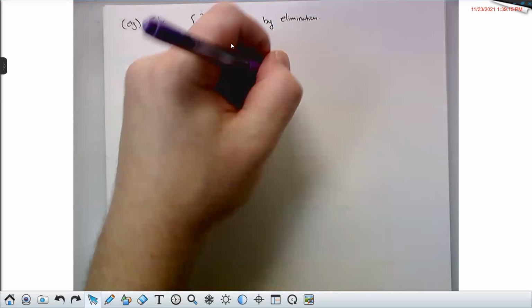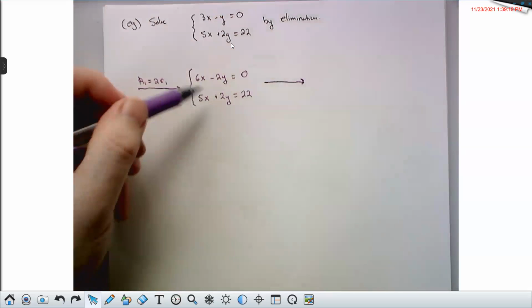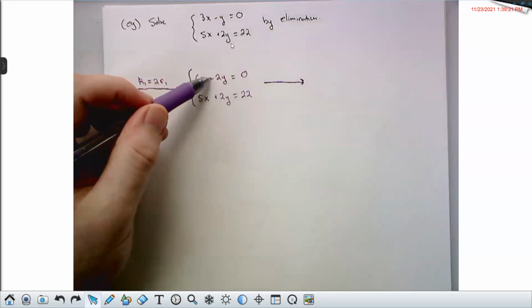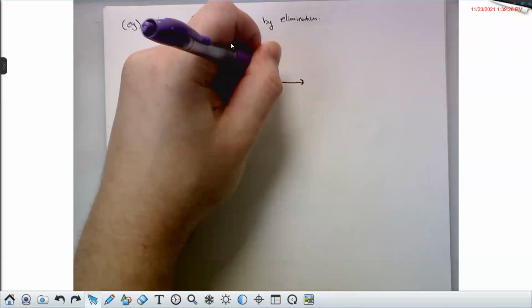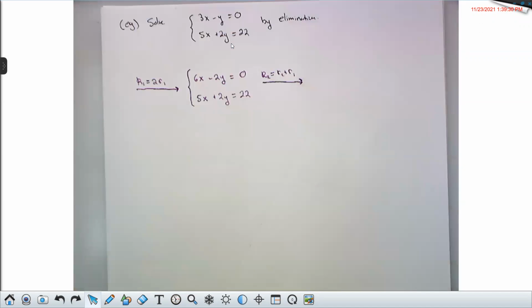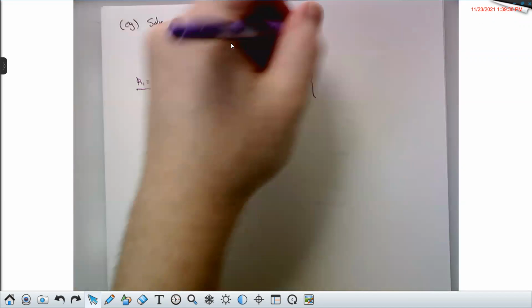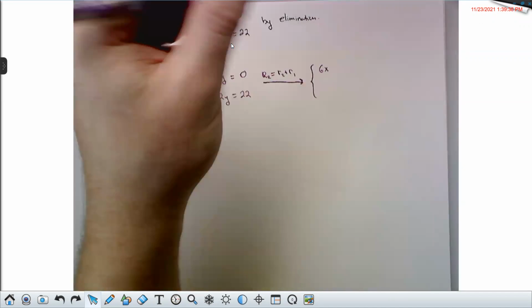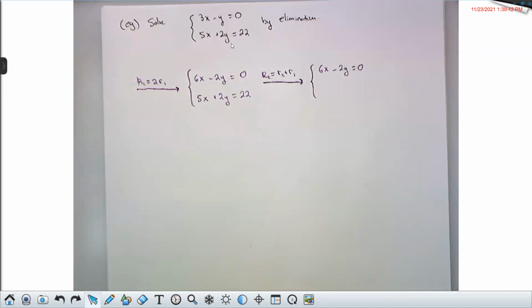Now I'm going to add the rows. And I'll think of that like I'm going to take row 1 and add it to row 2. So my new row 2 will be my old row 2 plus my old row 1. That's the notation. So this time it's row 1 that isn't changing. I have 6x minus 2y equals 0 still there.